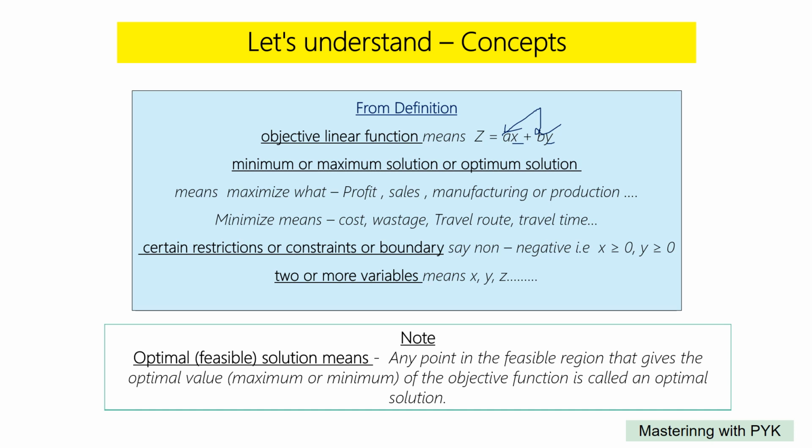The variables we know as x, y, z, anything. Once we have to find an optimal solution, the optimal solution is also referred to as a feasible solution. So what is a feasible solution? A feasible solution is any point in the feasible region that gives the optimum value.